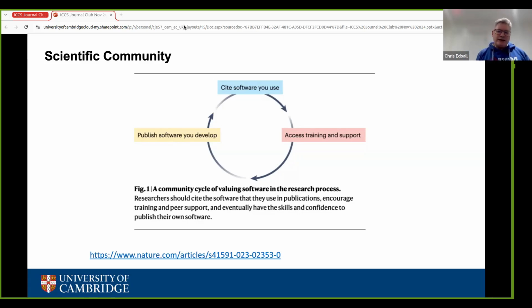So published in Nature, but it shows the virtuous cycle of what can happen when you start applying these research software engineering techniques, particularly publishing the software and software citation, and that's a sort of rising tide that lifts all the boats in a particular research community.